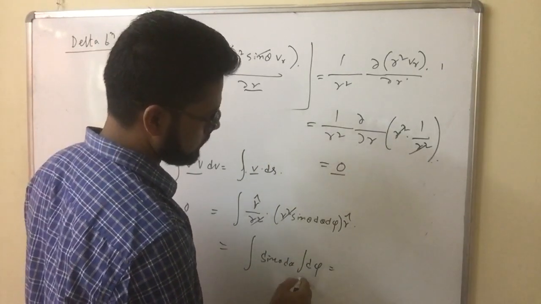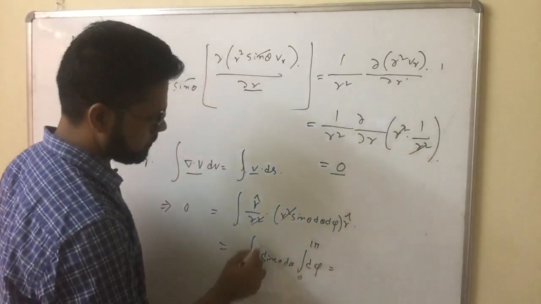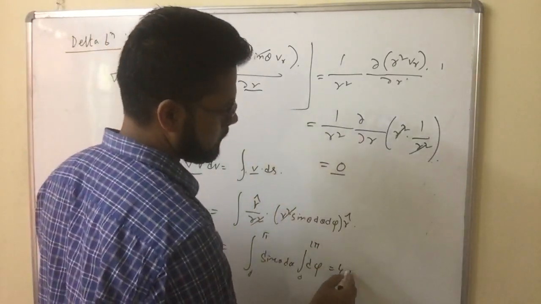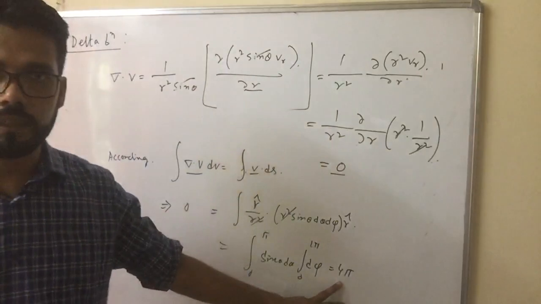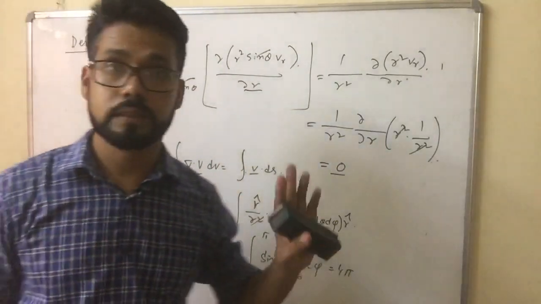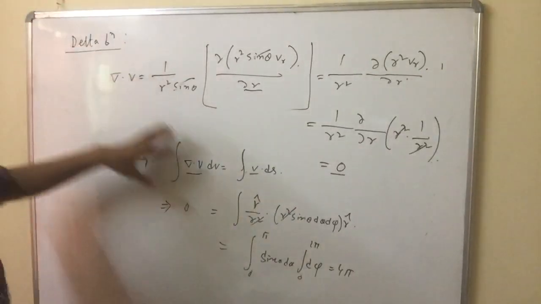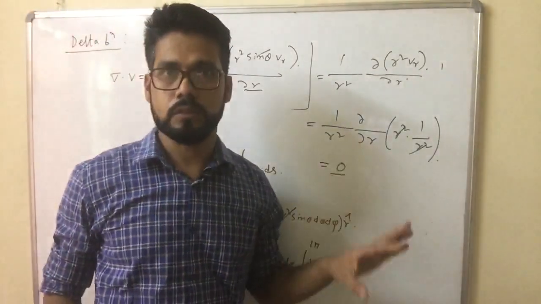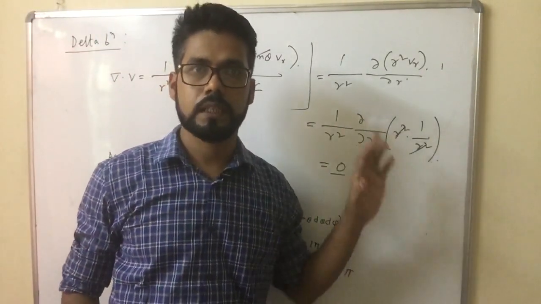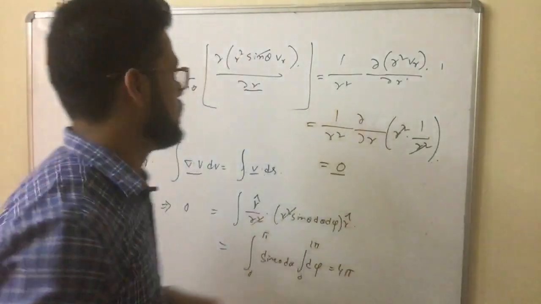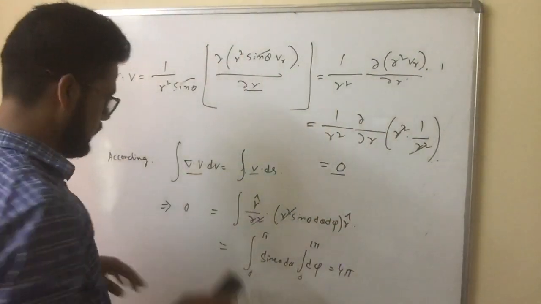If you take the integration 0 to twice pi, 0 to pi, it will give 4 pi. This is a contradictory statement, because the left-hand side is 0 and the right-hand side is not 0. In order to avoid this mathematical contradiction, they have adopted the Dirac delta function.